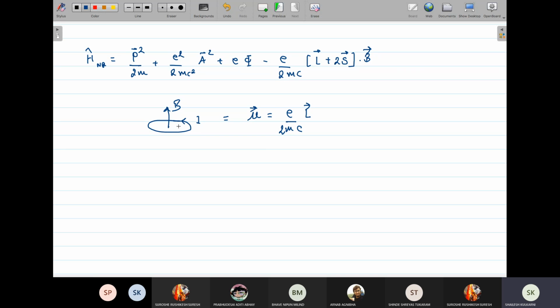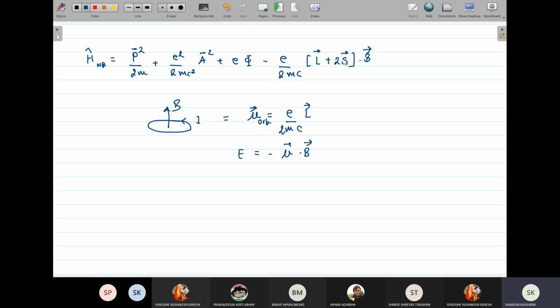Then there will be angular momentum for that charged particle. And when it is placed in a magnetic field, the energy experienced by this loop will be minus mu dot B. Clear? So in that sense, this is the interaction energy between the magnetic field and the angular momentum. This magnetic moment is because of orbital angular momentum.